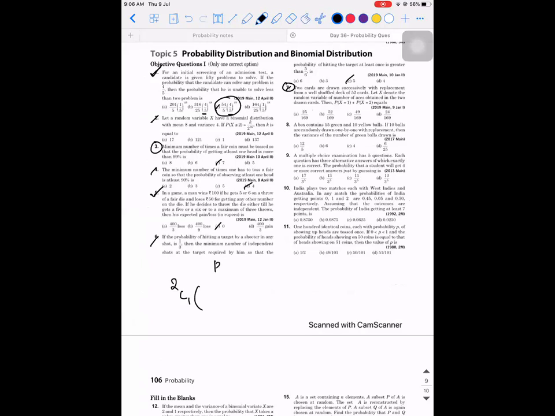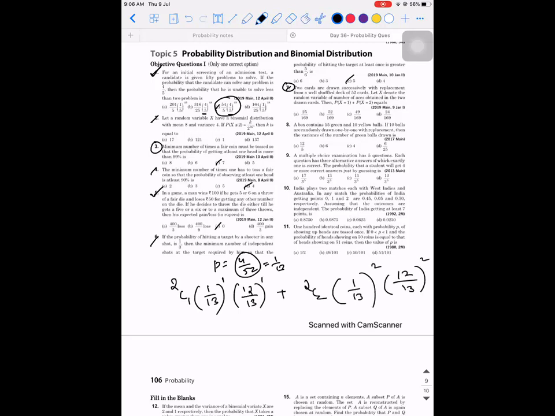So what is the probability of success, sir? 4 by 52, it will be any one of the aces. So it will be 1 by 13. So 1 by 13, the whole power 1, into not getting it, which is 48 by 52, that is 12 by 13. So 2C1 into 1 by 13 into 12 by 13, plus 2C2 into 1 by 13 the whole square. So this is how it goes.